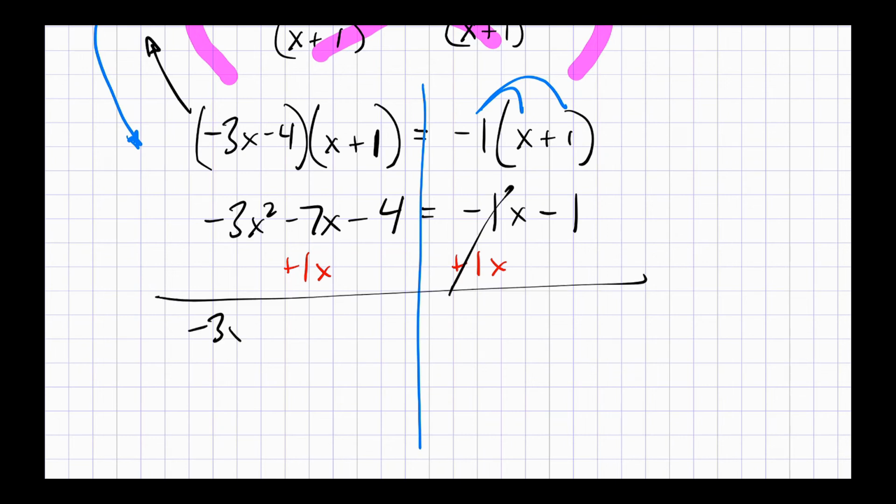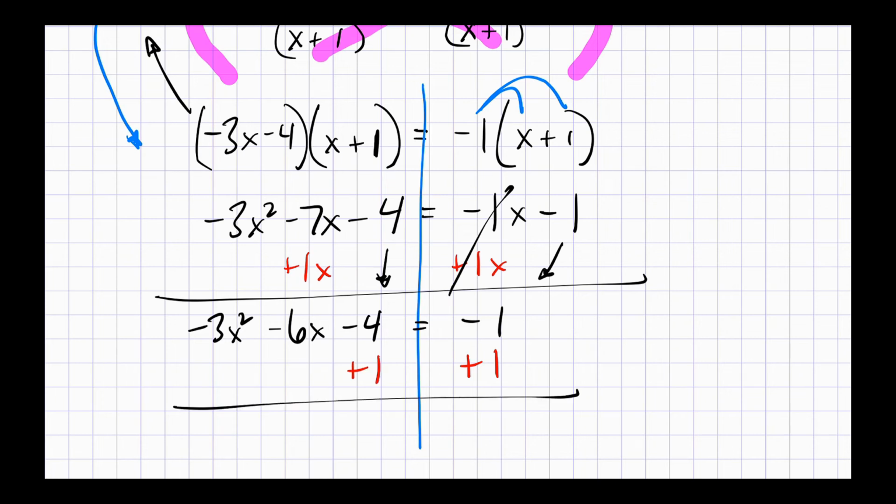So you get negative 3x squared minus 6x, and then bring down the minus 4. One more step to set equal to 0: add 1 to both sides. So I have negative 3 now there.